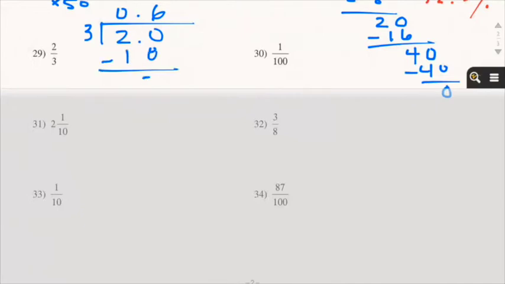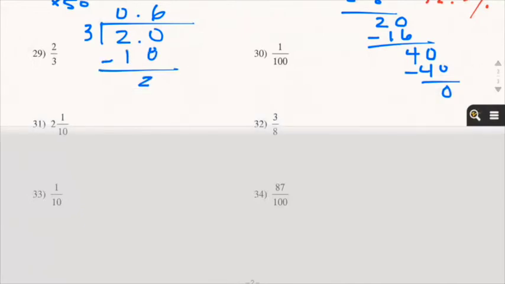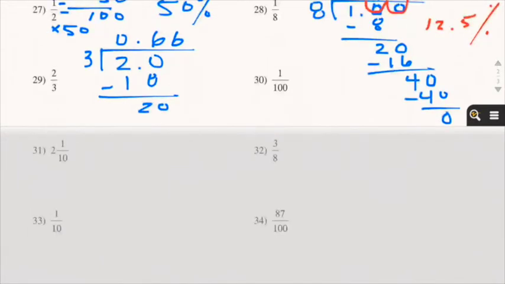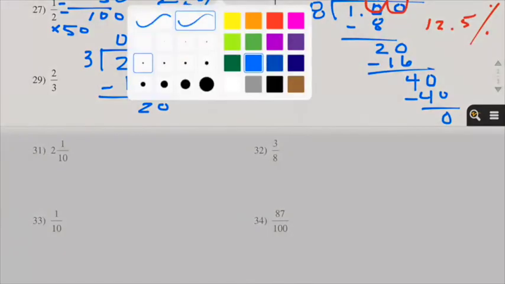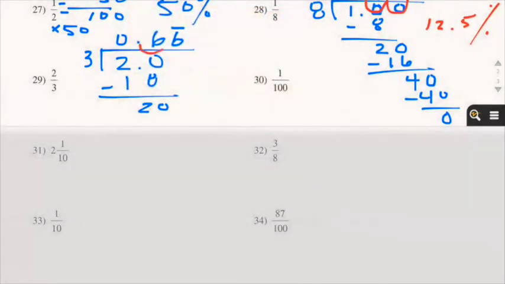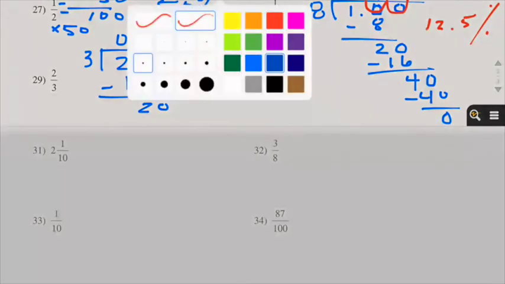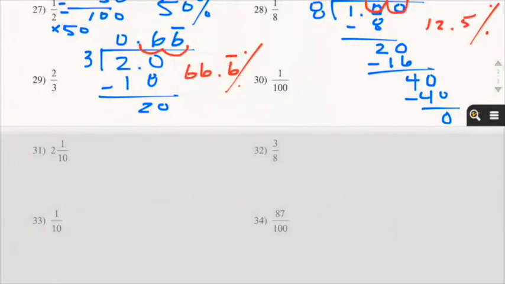Subtract those, we get a 2. Bring down the next value, which is 0. 3 goes into 20 6 times. So you can see that this is going to continue to repeat. So what we want to do is put a bar up top. Same thing we did on the last one where we move the decimal over 2 places. In this case, we end up getting 66.6 repeated percent.